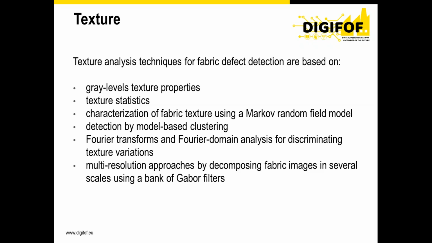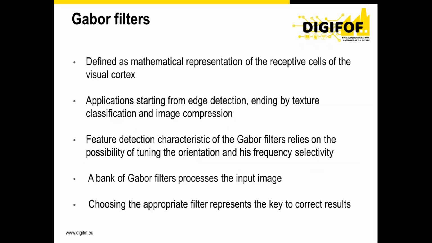All those methods are at the end trying to discriminate the texture using the same feature, the frequencies. I will talk about Gabor filters because it is a wavelet function used nowadays.